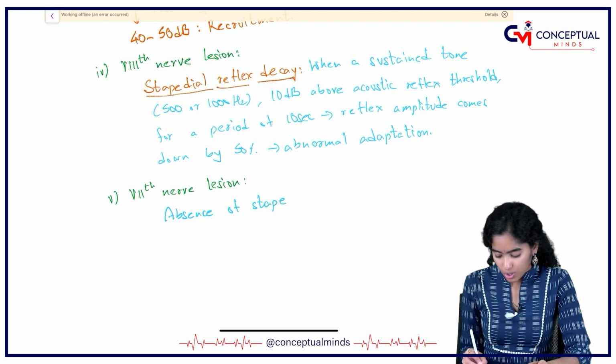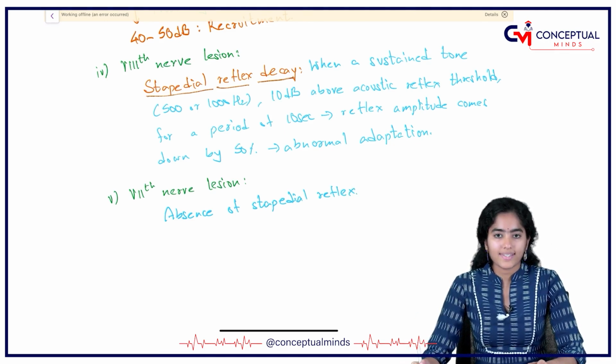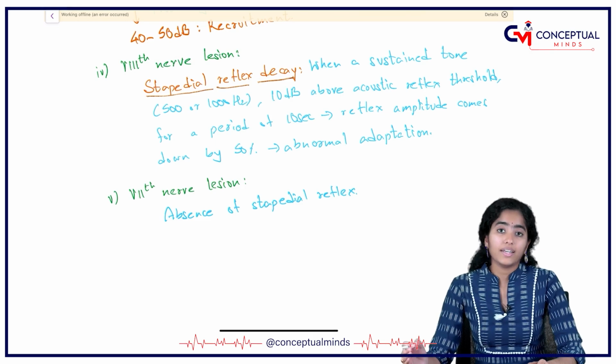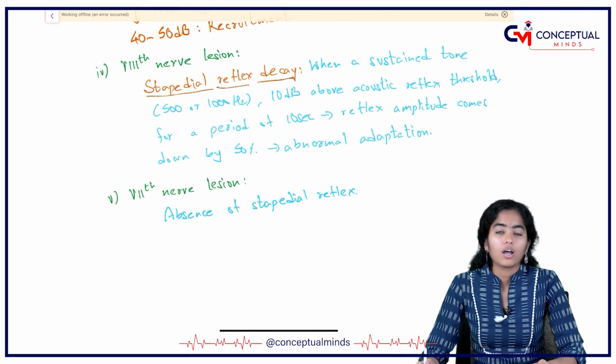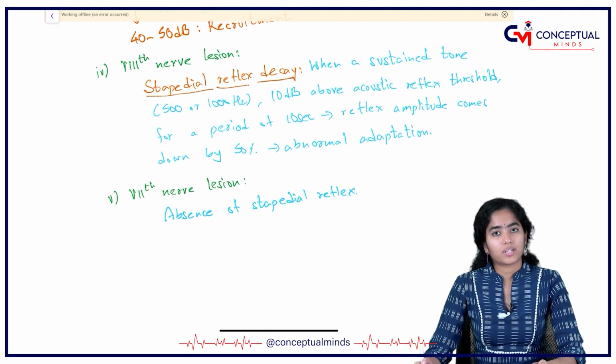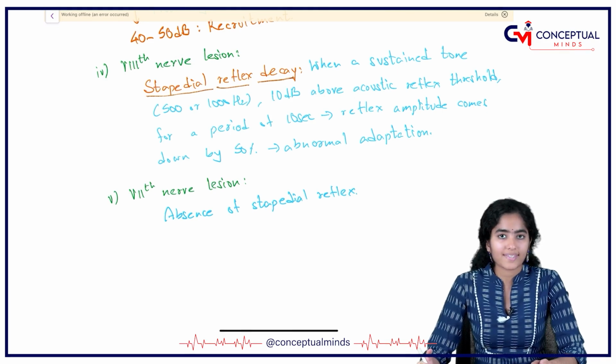There is absence of stapedial reflex. But this is important to us when the hearing is normal and the reflex is absent. Now, stapedial reflex could be absent because there is some problem with the 8th nerve. There is no hearing, so there is no reflex.